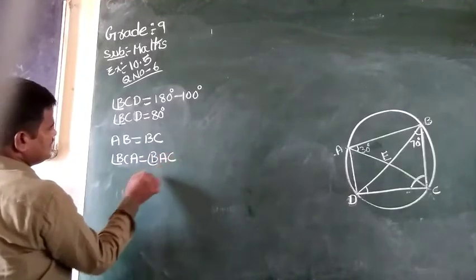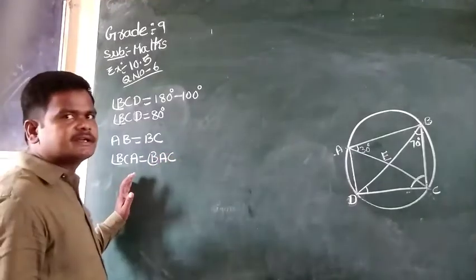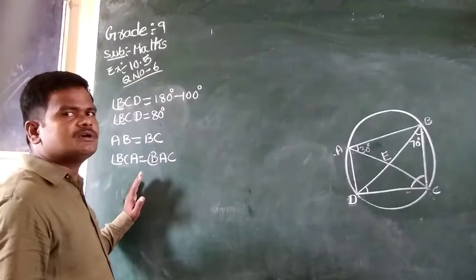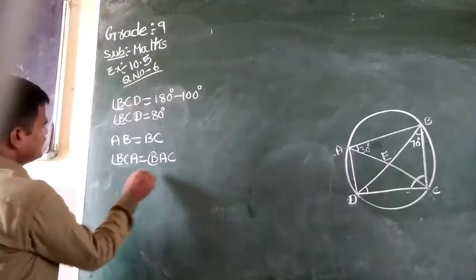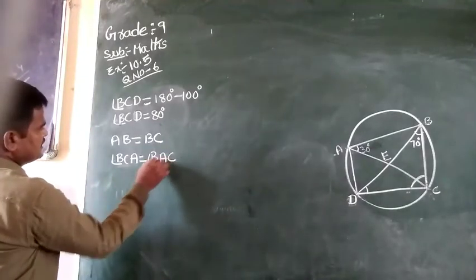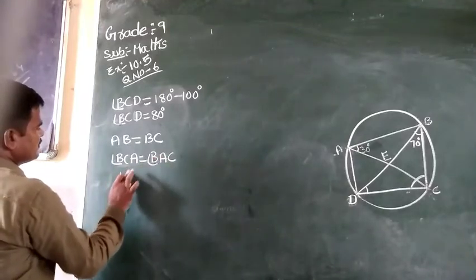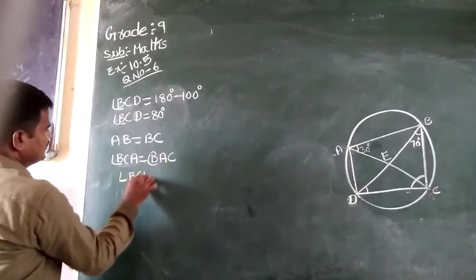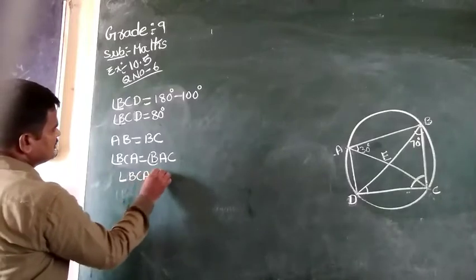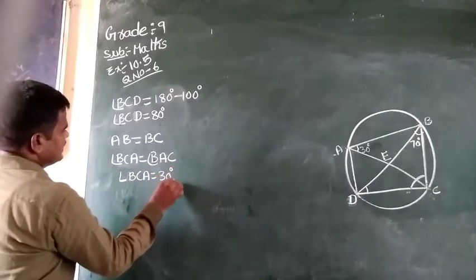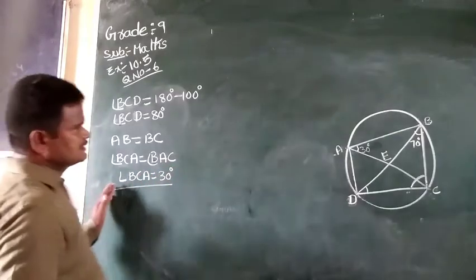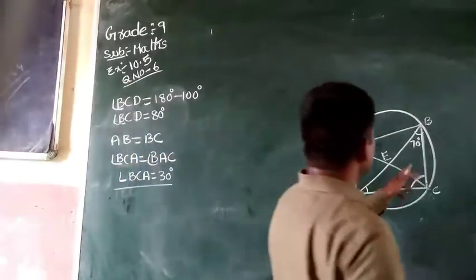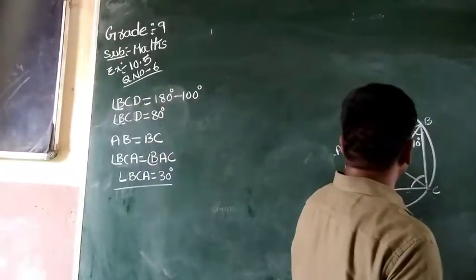So you know that angle BAC equal to 30 degrees. Therefore angle BCA equal to 30 degrees.